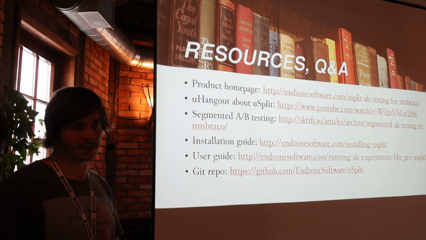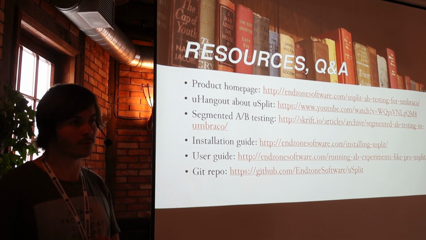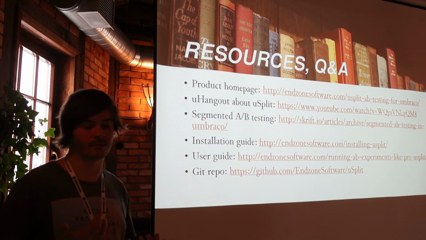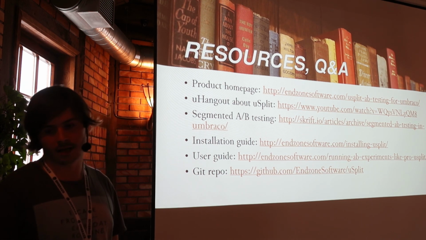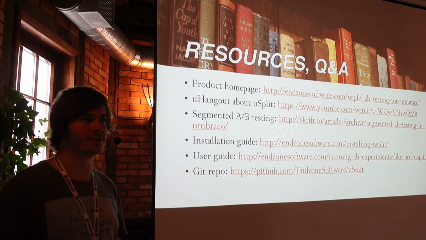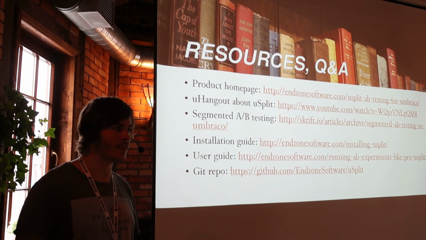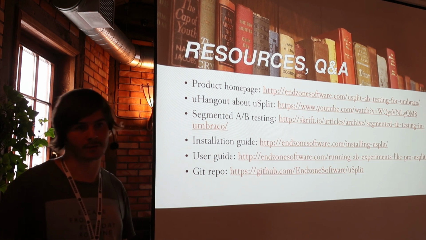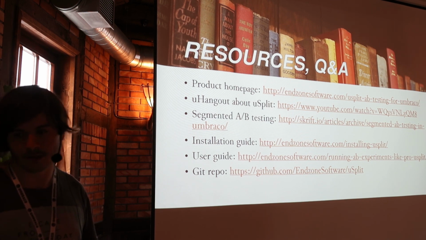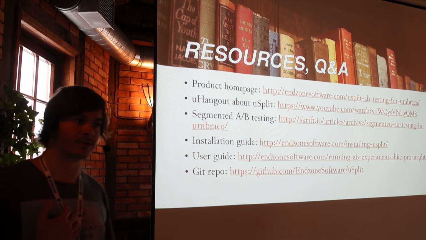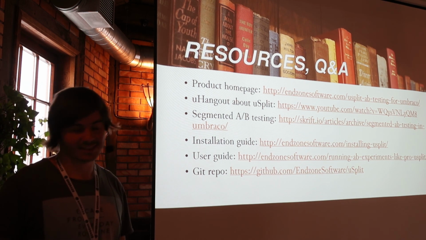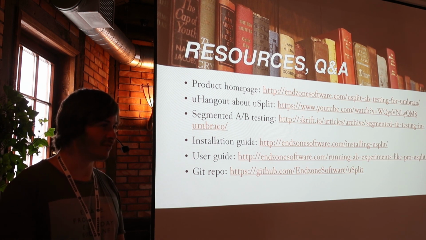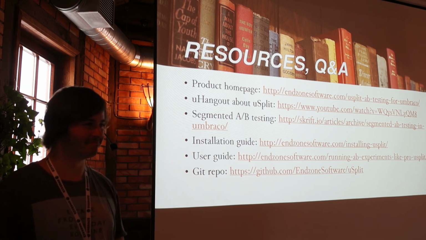It goes into all the other tools as well, just in case you want to use something else. You're perfectly fine. People are using Optimizely a lot, actually. So you will learn about all the intricacies of using all sorts of tools, and also how to do A/B testing properly and efficiently, which is something that I didn't cover here, because I'm not a marketing person and it's outside of the scope. So there you go, and if you have any questions, let me know.